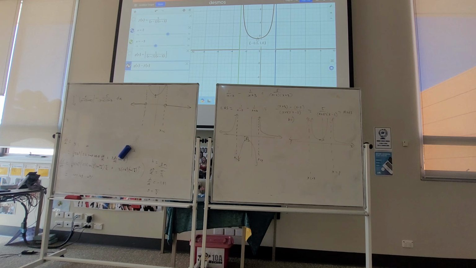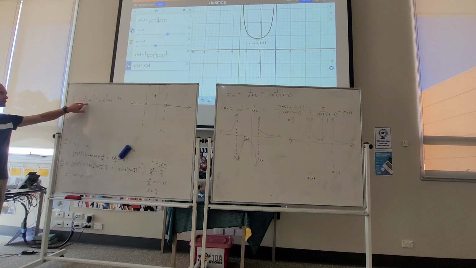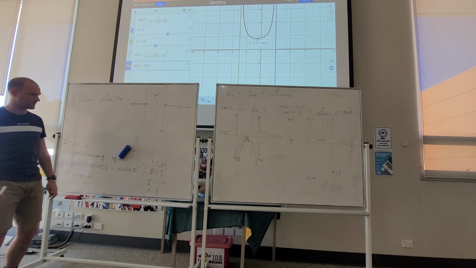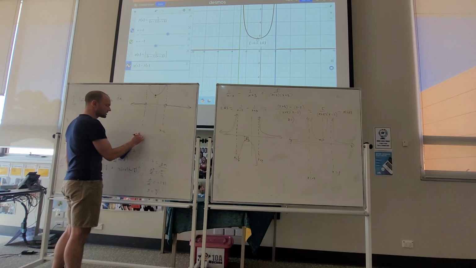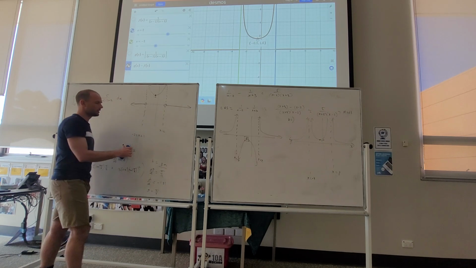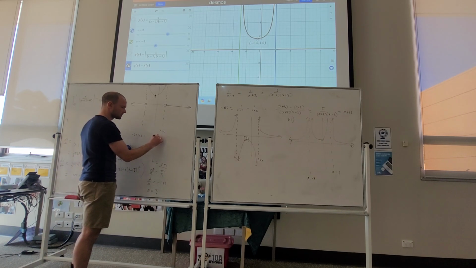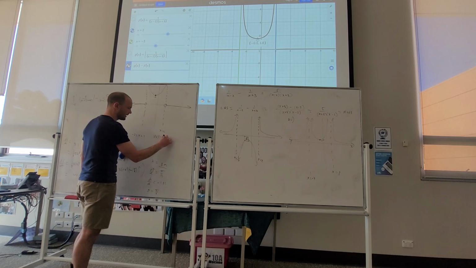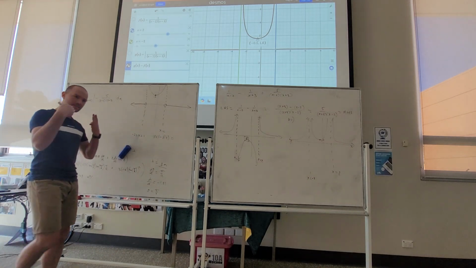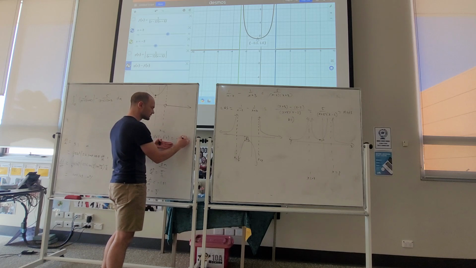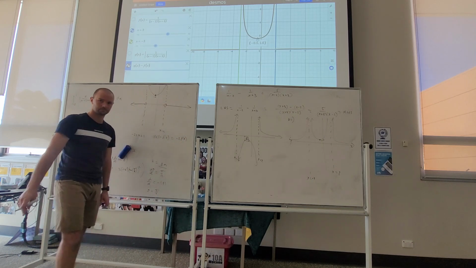Now, there's two things we need to recognize here. It's the modulus of f of x, take f of x. Over the interval from minus 2 to 1, what is the function modulus of f of x, take f of x, equal to but minus 2 lots of the original function?